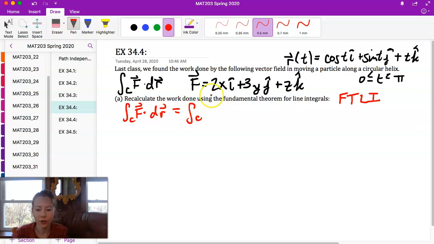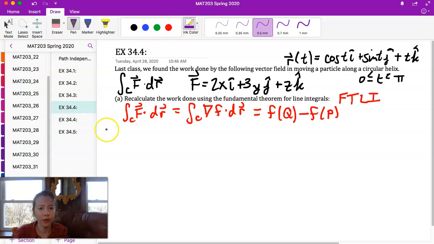So the line integral over C, whatever our path is, of our gradient field dotted with dr, since it's path independent, as we were talking about earlier, is the same as evaluating our potential function at our endpoint, we're going to say our endpoint is Q, minus our starting point, and that's it, and that'll give us the work. So let's talk about one way we can do this.